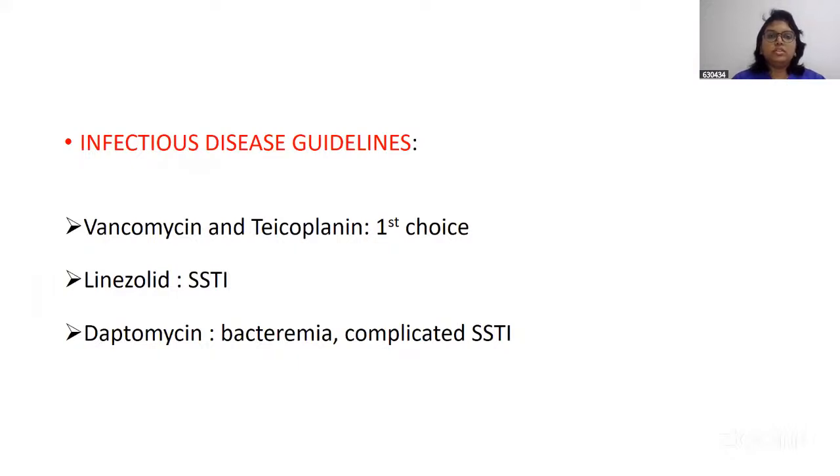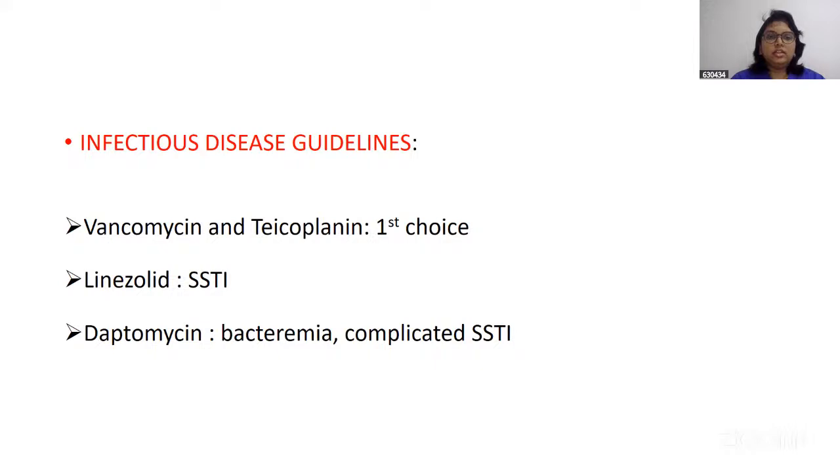So the 2016 infectious diseases guidelines gave a few sets of guidelines. To make a clear decision, vancomycin and teicoplanin are the first choice of drugs for MRSA. There's no doubt about that. When in doubt, we can always use teicoplanin also, apart from vancomycin.